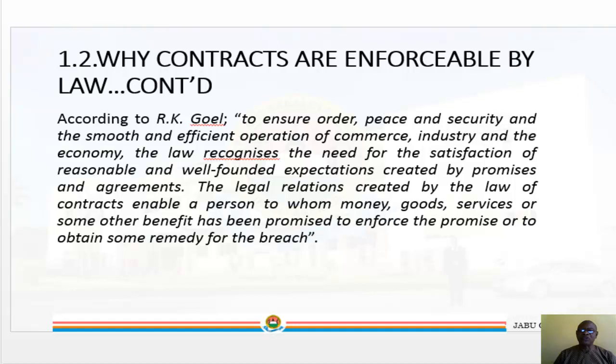According to L.G. Joel, to ensure order, peace and security, and the smooth and efficient operation of commerce, industry, and the economy, the law recognizes the need for the satisfaction of reasonable and well-founded expectations created by promises and agreements. The legal relations created by the law of contracts enable a person to whom money, goods, services, or some other benefits has been promised to enforce the promise or to obtain some remedy for the breach.